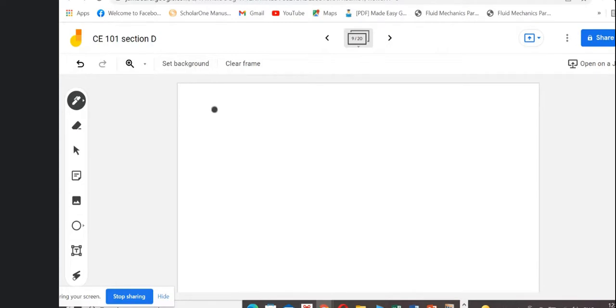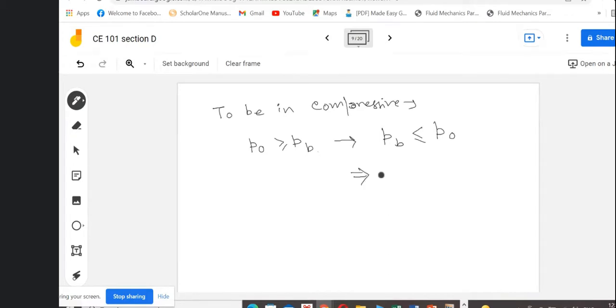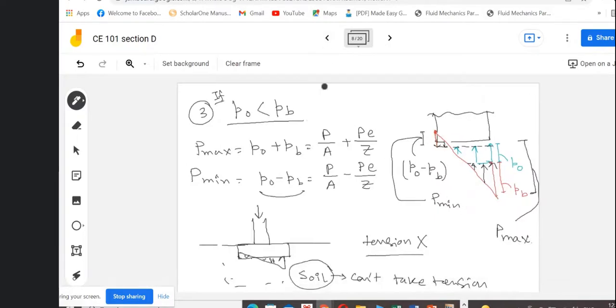So to be in compressive, P naught should be equal to PB, or PB should be less than or equal to P naught. What is the expression for PB?